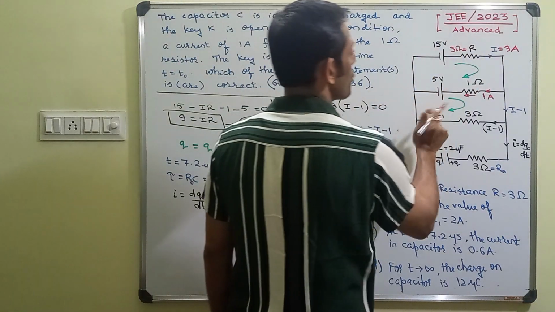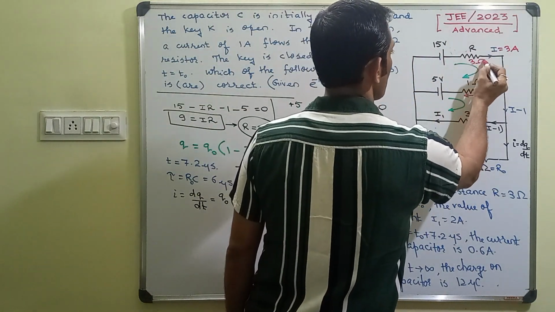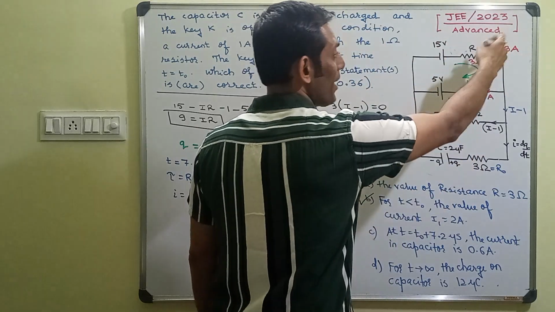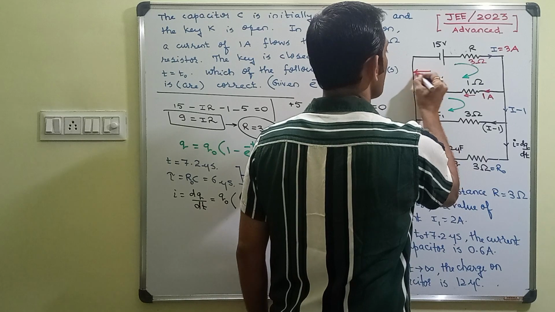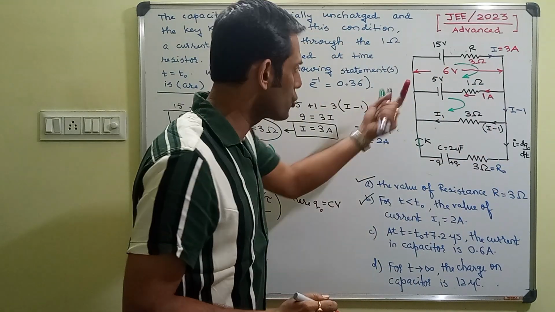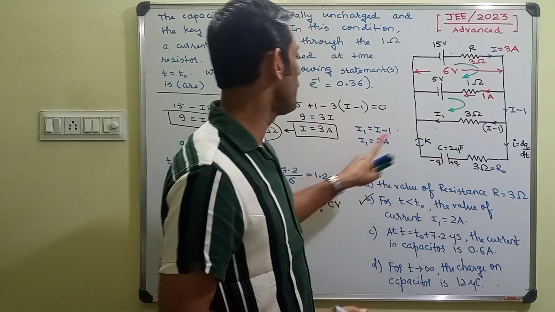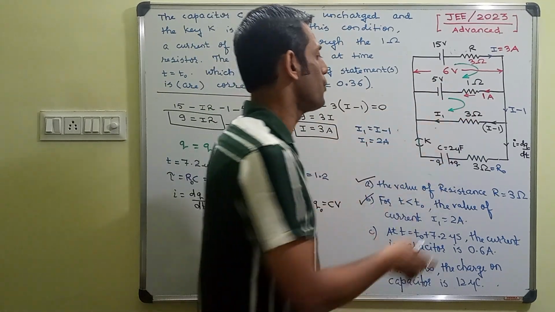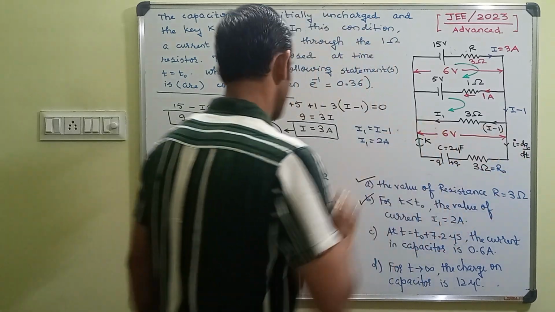So 15 minus 9, this is a 3 ohm resistance, this is a 3 ohm resistance. So 9 volts drop across the resistance. So 15 minus 9 would produce a potential difference of 6 volts across these terminals. Or you can say 5 plus 1, 6 volts. Or you say I minus 1 is 2, 3 into 2 is 6 volts. So the potential difference across the capacitor plates is 6.